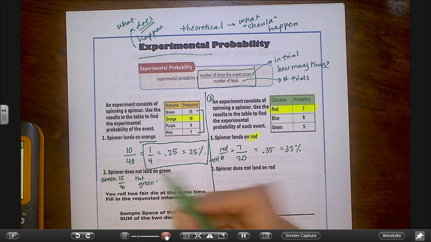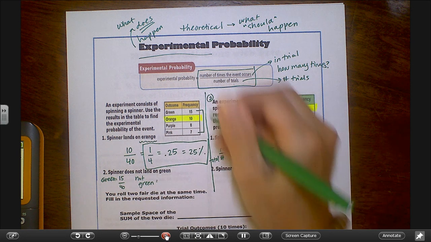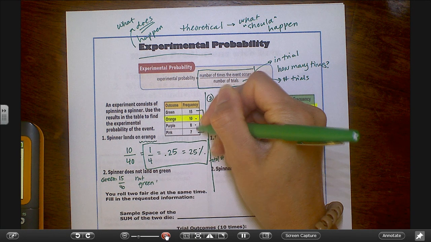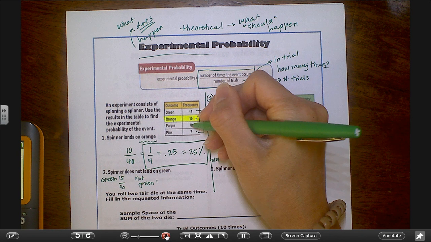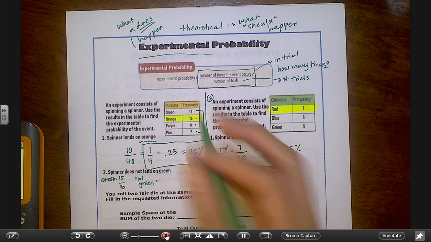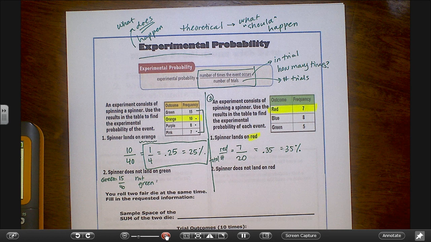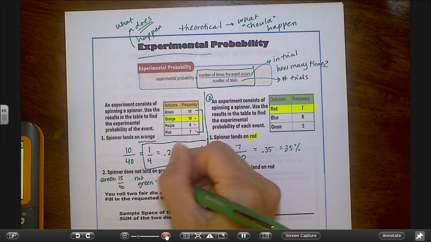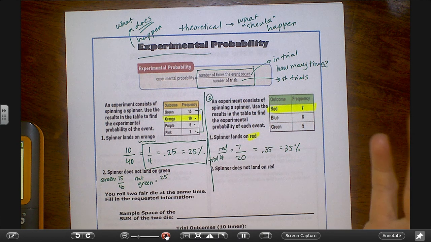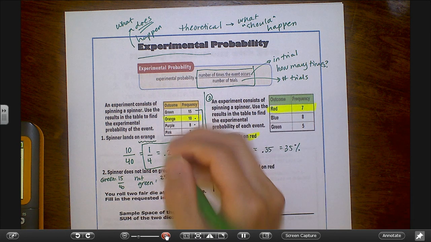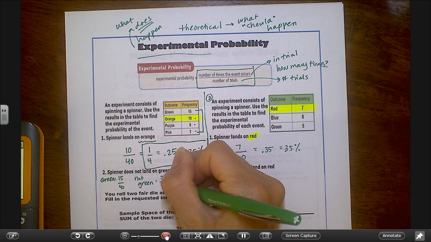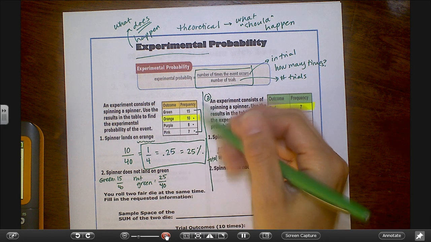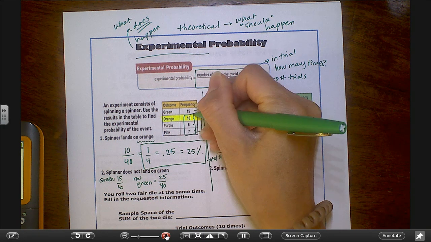So you could do one of 2 things. You could add up orange and purple and pink. So 10 plus 8 is 18, plus 7 is 25. I paused because I'm like, wait, I'm going to get 35, but it's supposed to be 25. All right, so you have 25 over 40, and you can get that by adding those together.